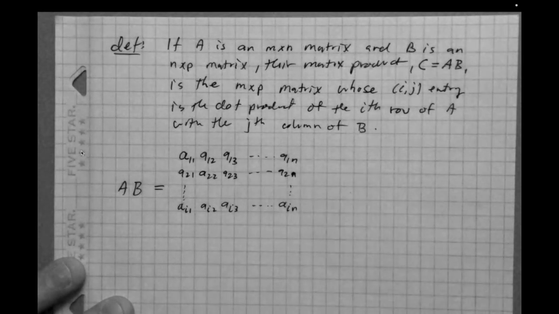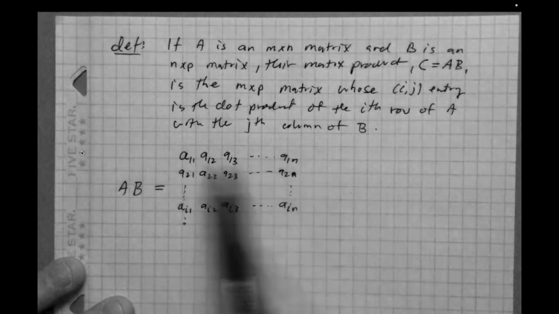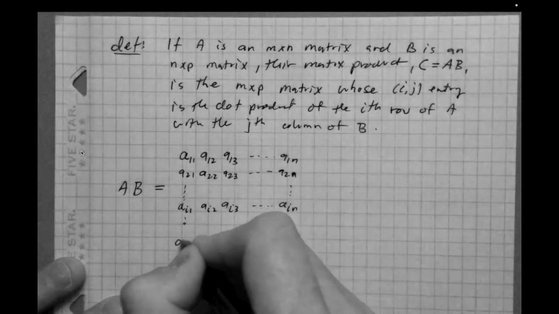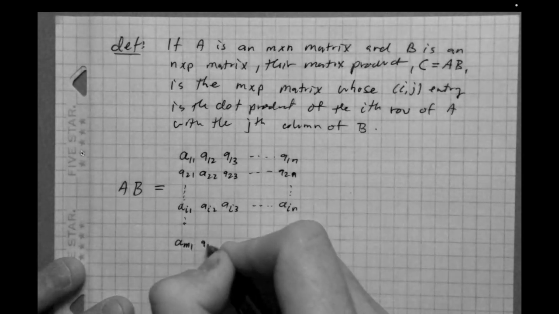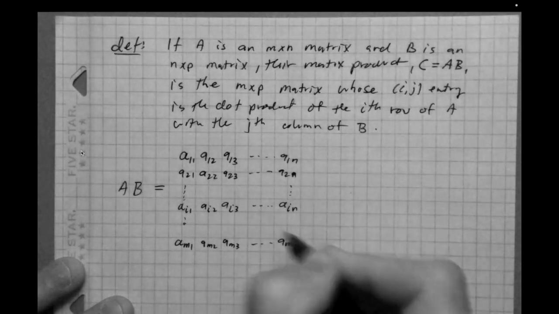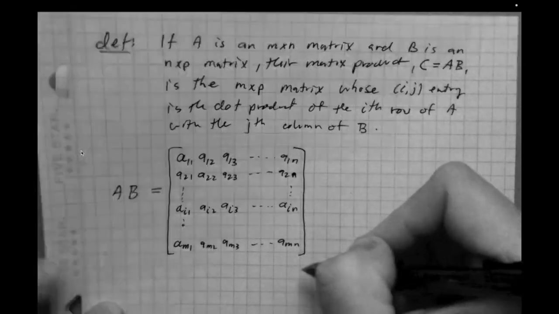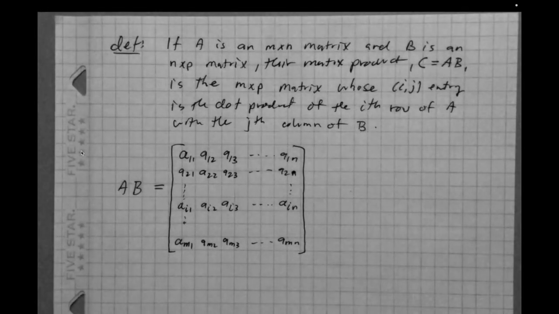Okay. And then, of course, this A is m by n, so I've got my n columns. I need m rows, so we'll go down to Am1, Am2, Am3, dot dot dot, Amn. So here's an entry by entry depiction of what A looks like.